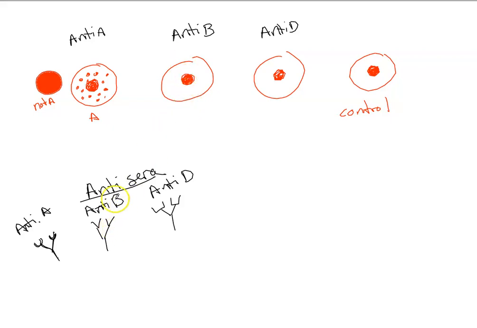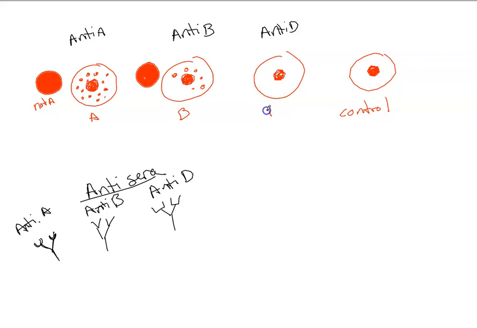If you took artificial anti-B sera and you put it onto blood that did have the B-type antigen, you would see agglutination. So this is a type B. If you put it onto a drop of blood that did not have the B-type surface antigen, you would get a normal looking drop of blood.